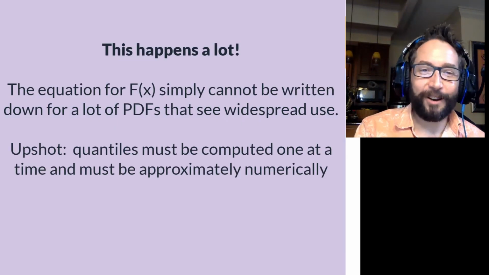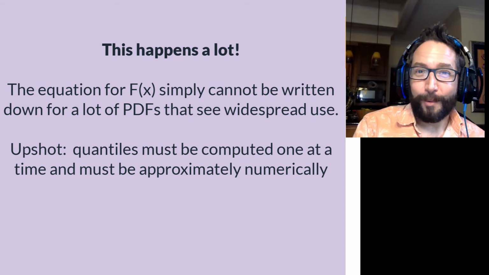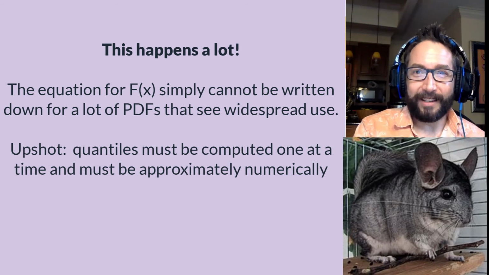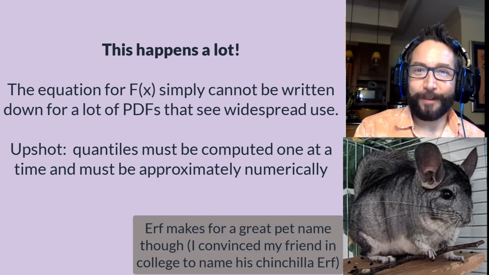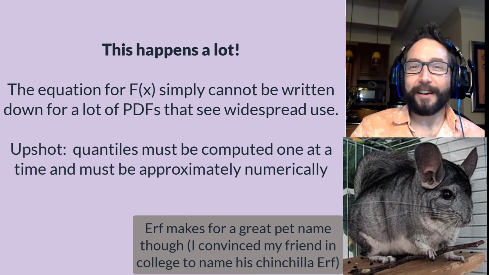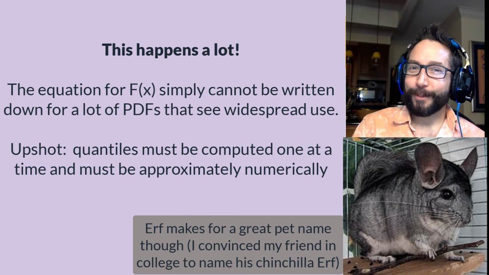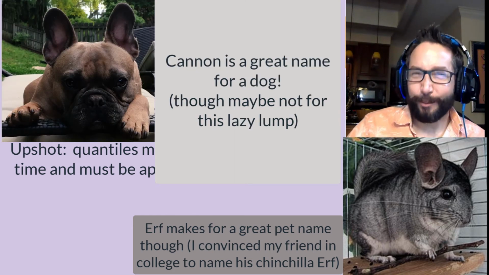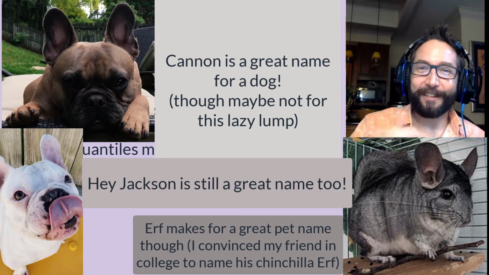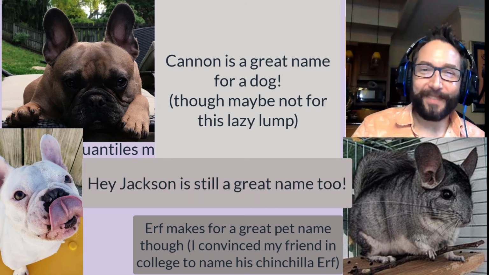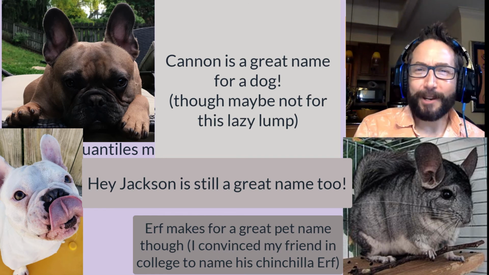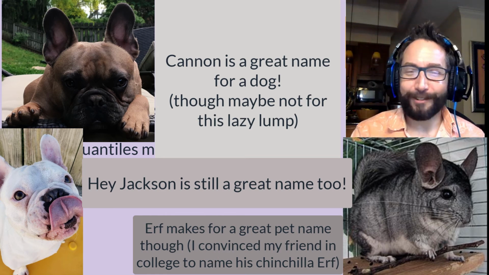Sort of a quick side note, back when I was in college, one of my friends got a chinchilla, and he was trying to come up with a name for the chinchilla. And so I feel like I have a very unique talent for coming up with great pet names. I mean, Cannon, that's the one I named. Eddie named Jackson, not as creative. But Cannon, love that name. Kind of a weird name for a dog. Especially Cannon, because he's such a lump. He just kind of lays around all the time.